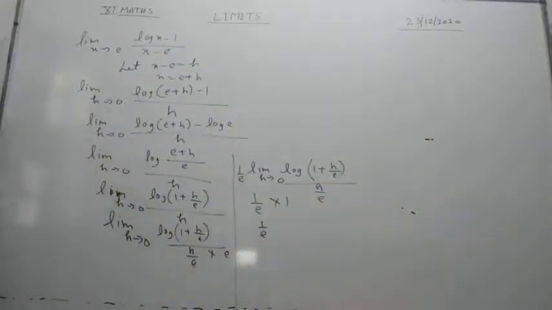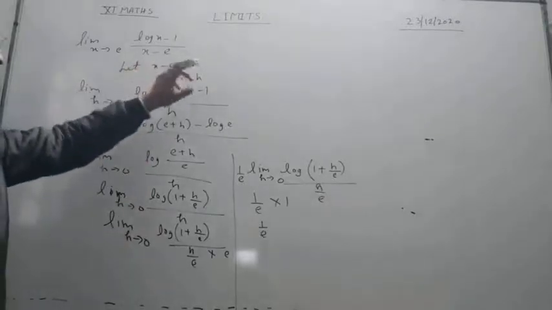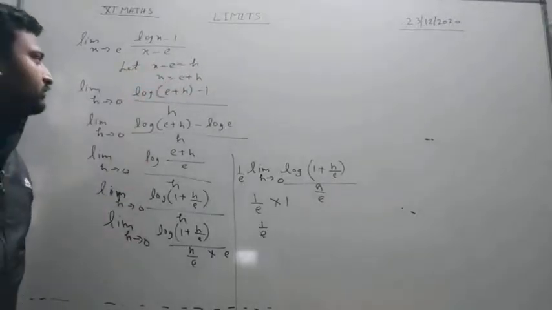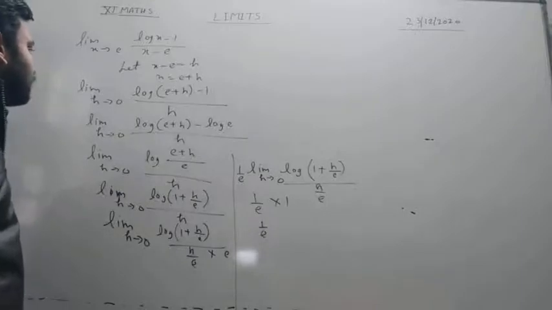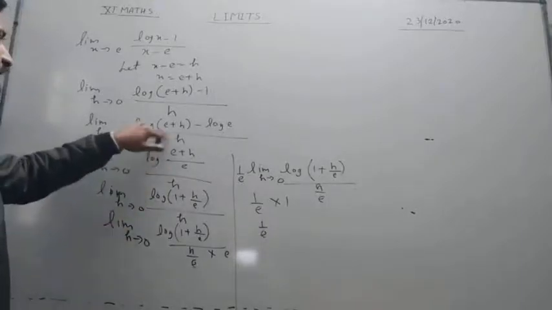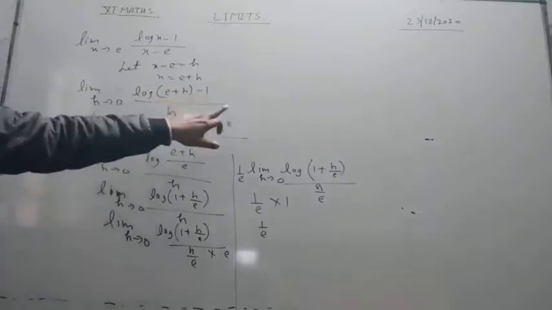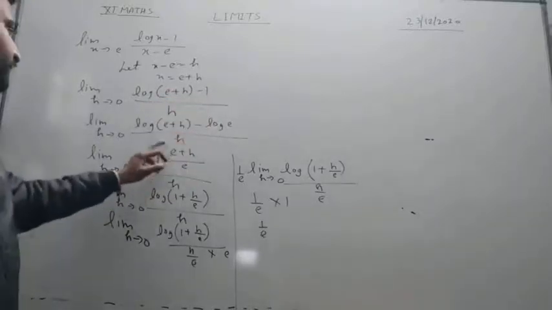Okay student, the limit as x tends to e of (log x minus 1) by (x minus e). So student, we can write this term as h, so x is e plus h. Limit h tends to 0 of (log(e + h) minus 1) by h. And we can write this 1 in the form of log e by h.